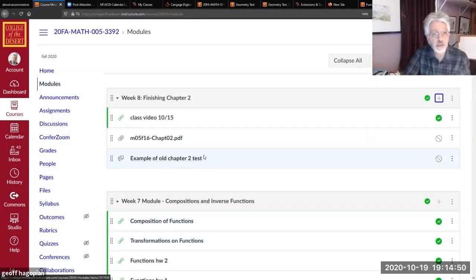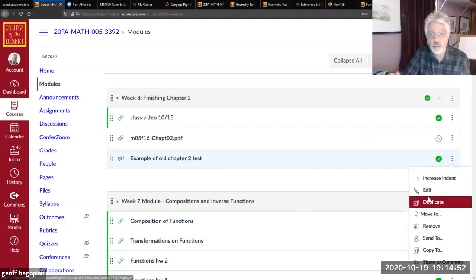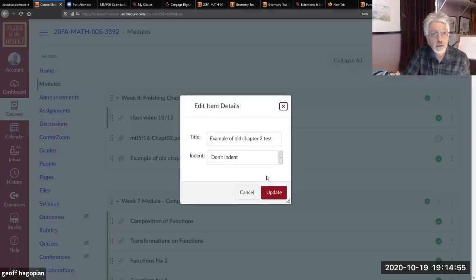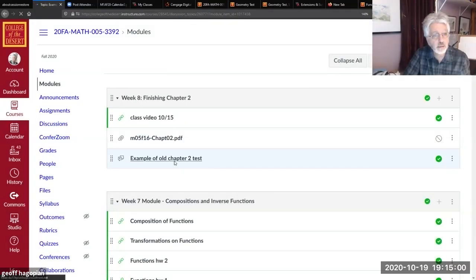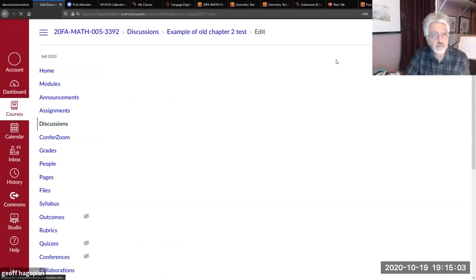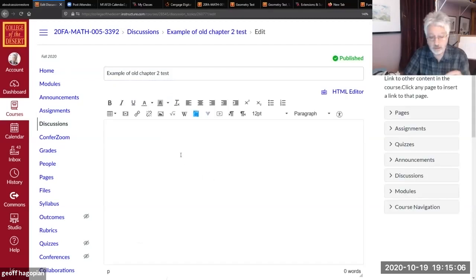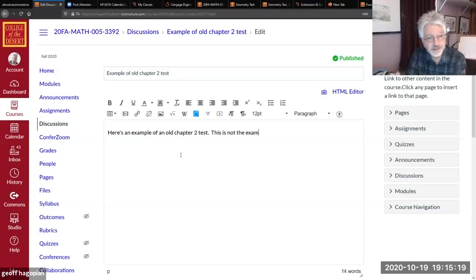And then I'm going to edit that. Oh, yeah, I keep forgetting. You have to open it and then edit the thing you get when you open it, which is to say, here's an example of an old chapter 2 test. This is not the exam, to be sure. It's just a way of seeing what's typical.